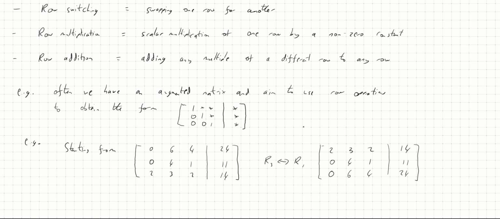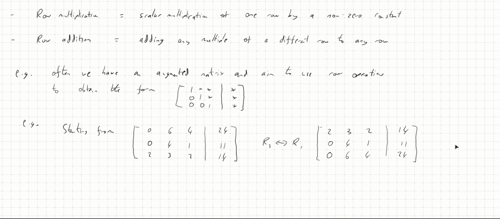Now, row 1, let's say we want that 1 on the leading diagonal. At the moment we have a 2. So we could half row 1 and we would end up with a 1 on the leading diagonal. And that would be an example of row multiplication. So let's do that. We'll replace row 1 with half of row 1.